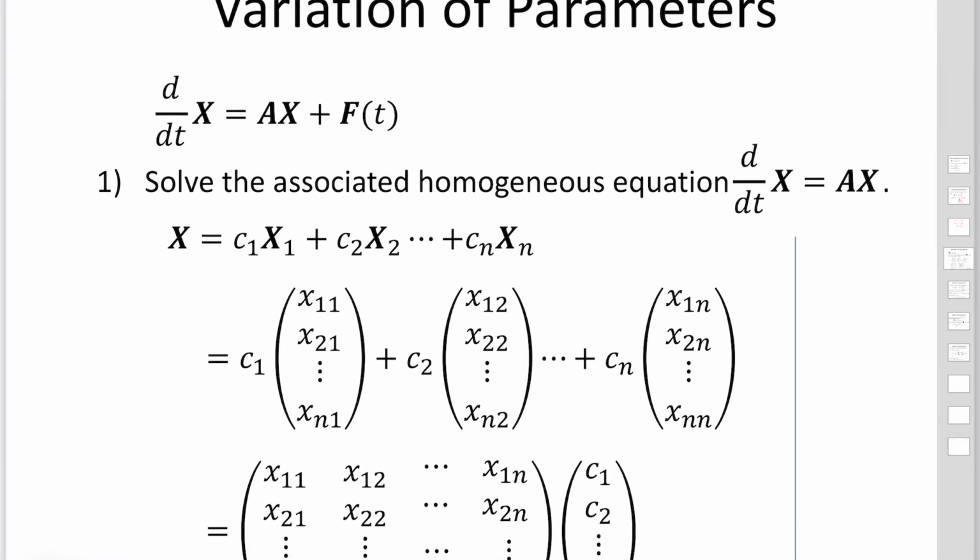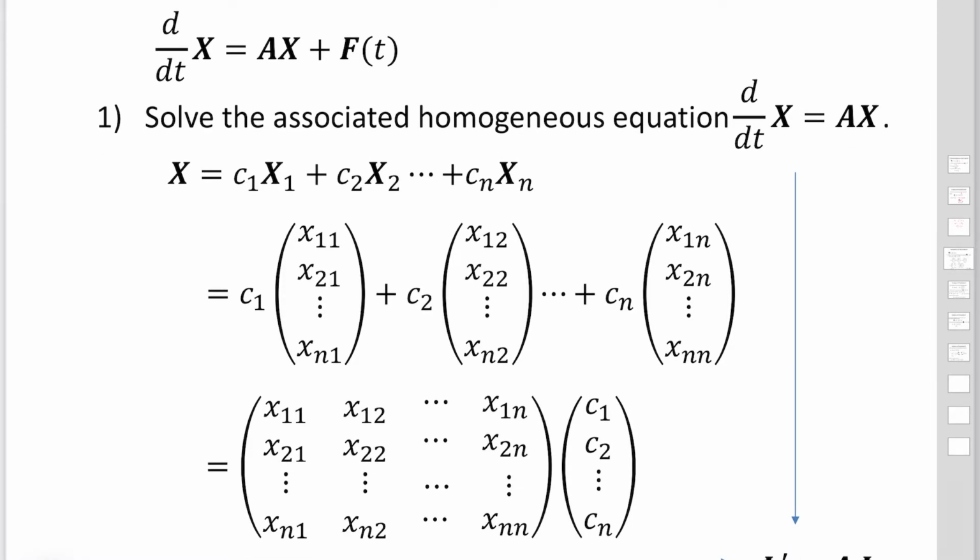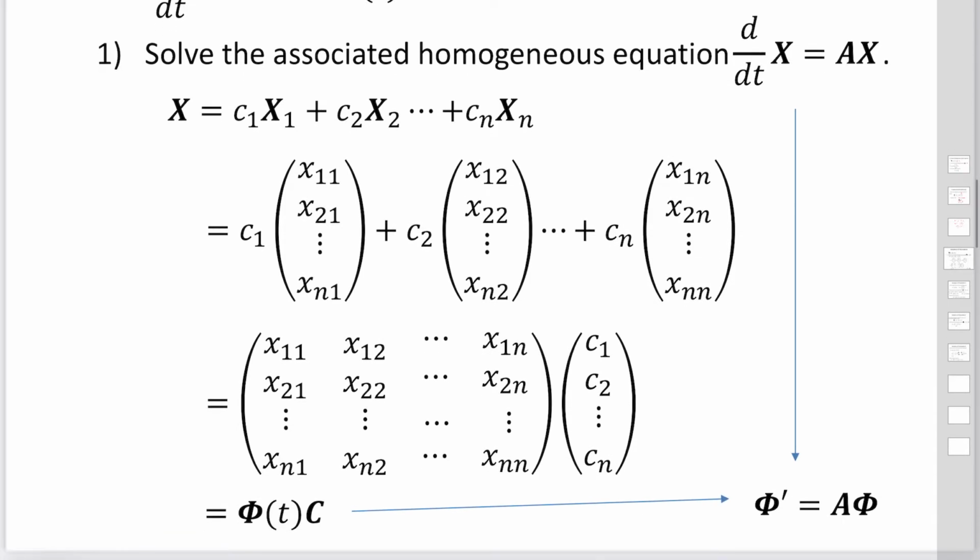The second method is variation of parameters. Again, as a first step, we need to solve the associated homogeneous equation. The solution is expressed as the sum of n terms, c sub 1 x sub 1 plus c sub 2 x sub 2 and so on, up to c sub n x sub n. In components, this is the expression.